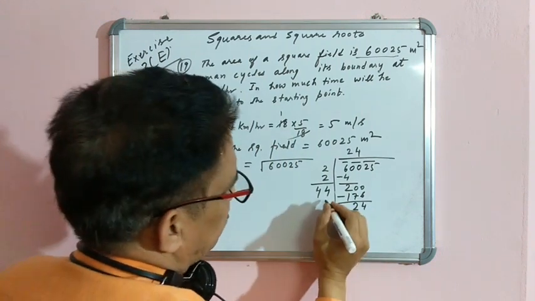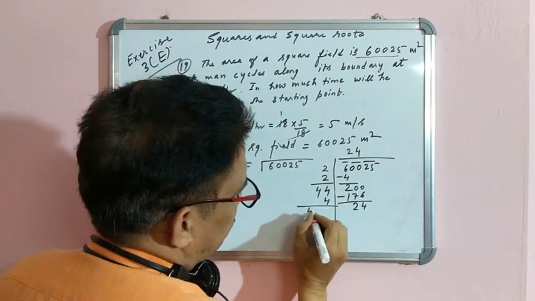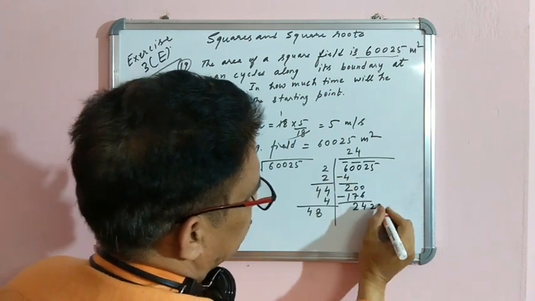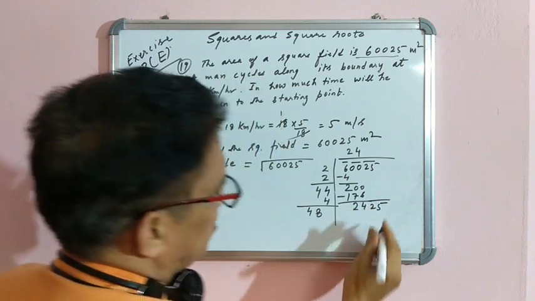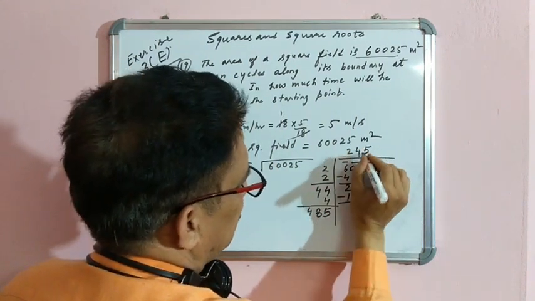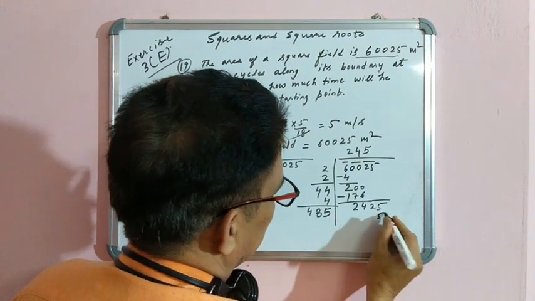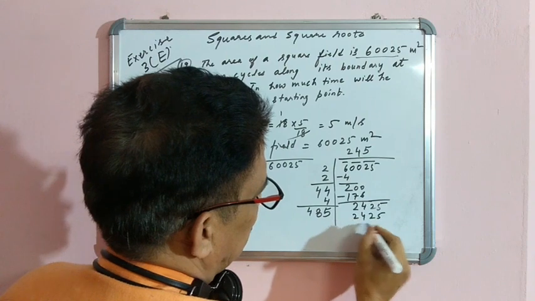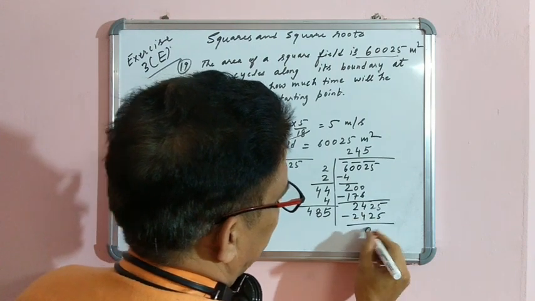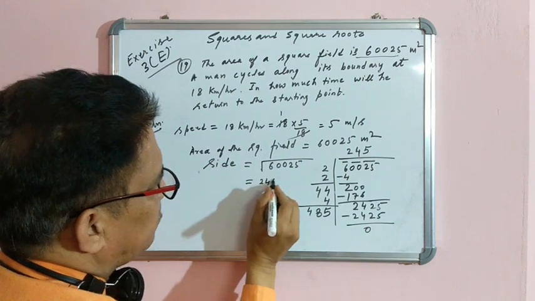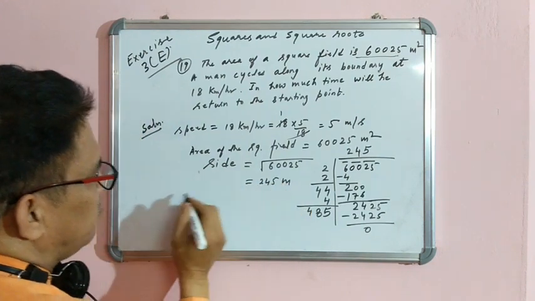So again we will add 4 here, so 48, and 5 is there, so we will try for 5. Exactly the same number we are getting, remainder is 0. So this is equal to 245 meter, the side of the square.